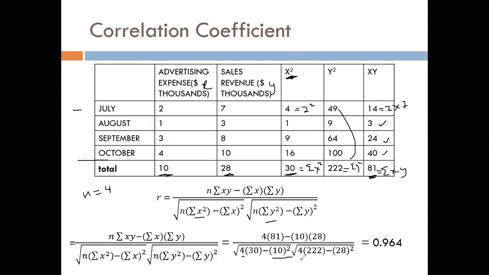Times the square root of 4 times summation y squared, which is 222, minus 28, which is summation y squared. The square once again affects just summation y. Once you do that computation, you would get 0.964. You can verify that quickly before we continue.